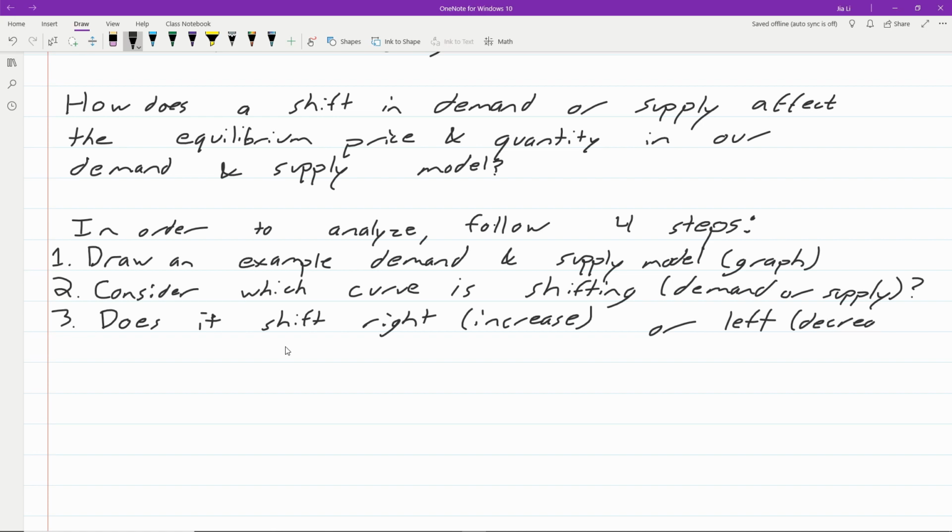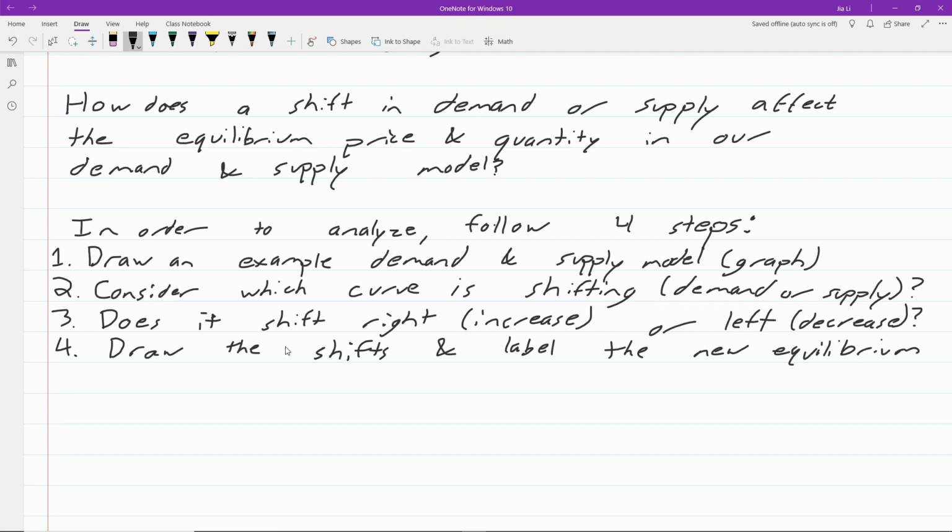That is a decrease. And then last but not least, draw the shifts and label the new equilibrium and compare to the old equilibrium.